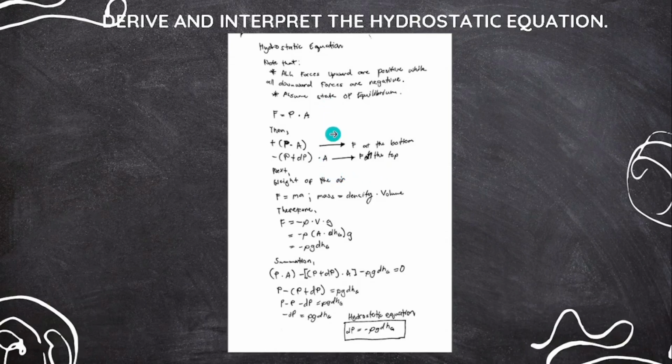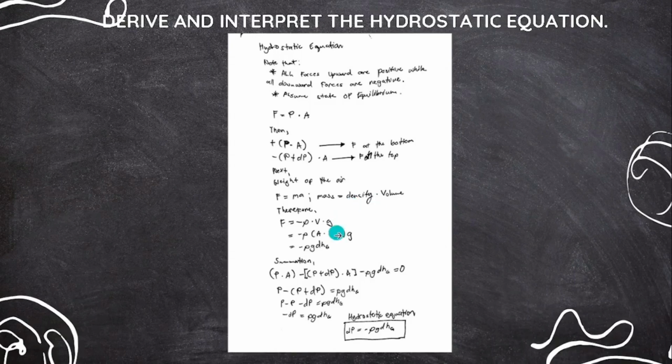Next, we have the weight of the air. The force is equal to mass times gravity. Mass is equal to density times volume. Therefore, we have force equal to negative rho times volume times the gravity.